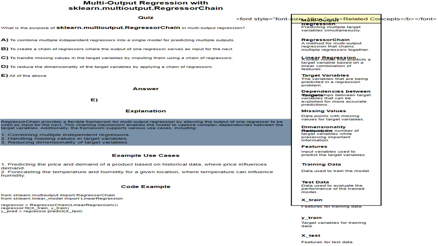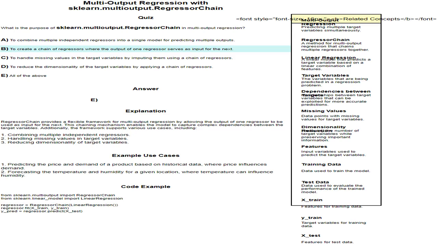Combining multiple independent regressors. To create a chain of regressors where the output of one regressor serves as input for the next. This is correct. It's the core functionality of the regressor chain. The output of one regressor becomes the input for the next, allowing the model to capture relationships between target variables.